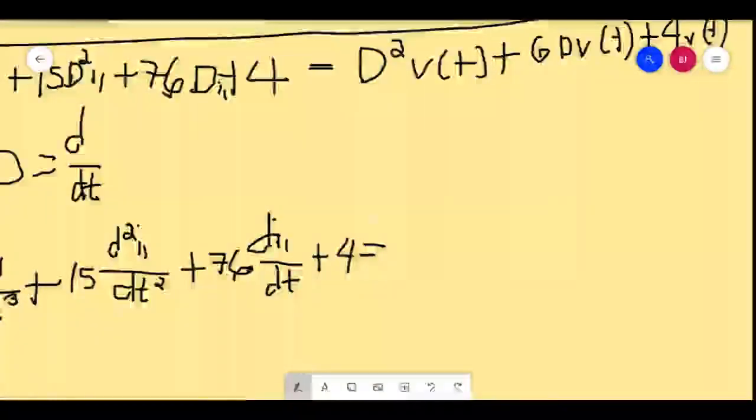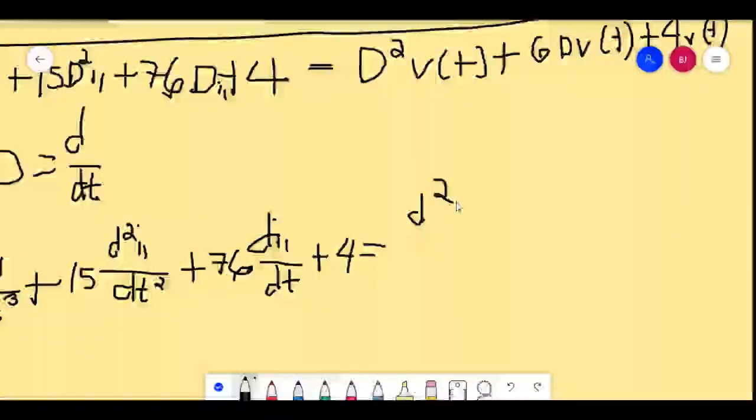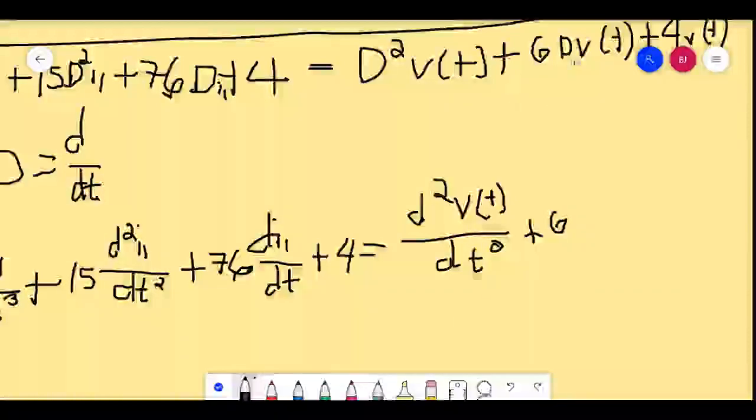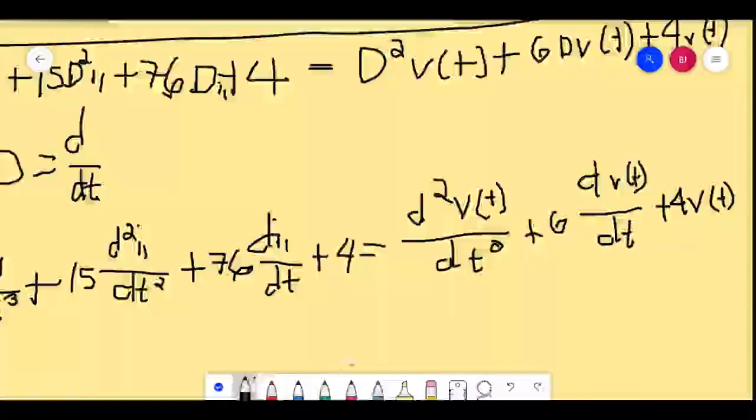I'll let d over dt as our example. So this would become d squared v of t over dt squared, plus 6d v of t, so plus 6 capital D changed to small d, v of t over dt, and then finally we have plus 4 v of t.